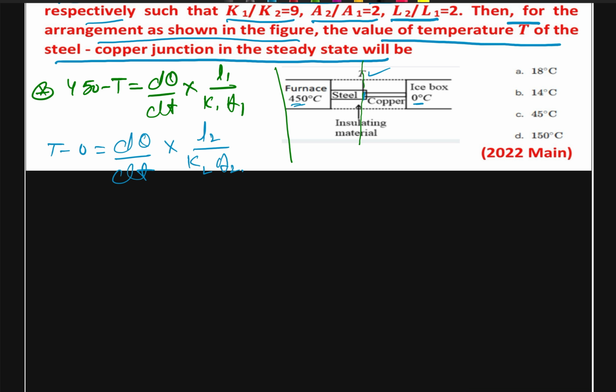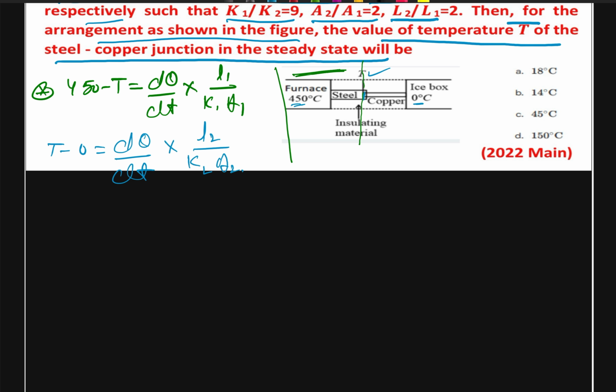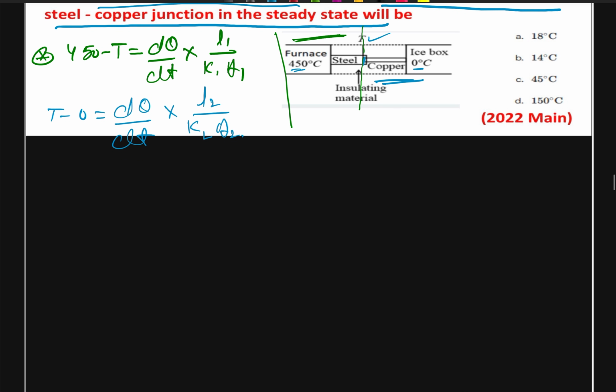The first equation is for the furnace and steel part, and the second equation is for the copper and ice box part. Now we simply take their ratio.